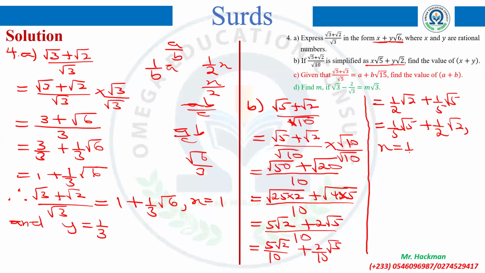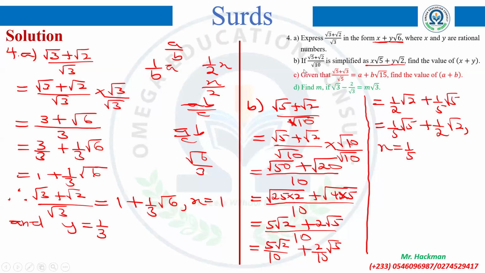Do you agree? I thought we write that one in the conclusion. Yes, that's why I say, in this question, you conclude for a direct question. You can see that the direct question is for x plus y. So this is only a means to an end. Before I can find my direct question, I will need the x and the y.